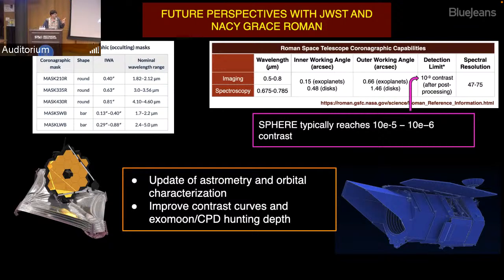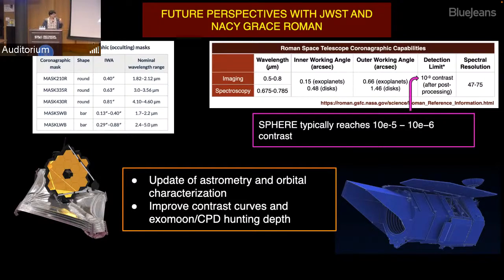In SPHERE, we typically reach 10 to the -5 to -6 contrast, but with Grace Roman, we can improve up to 4 orders. So it will be 4 orders of magnitude more sensitive to find anything.